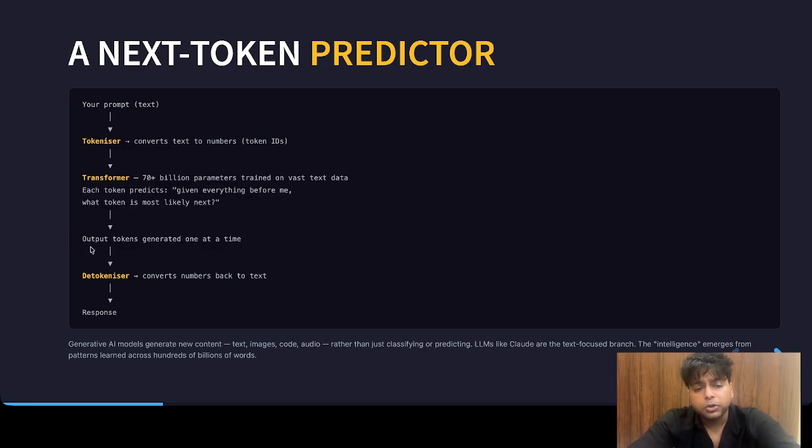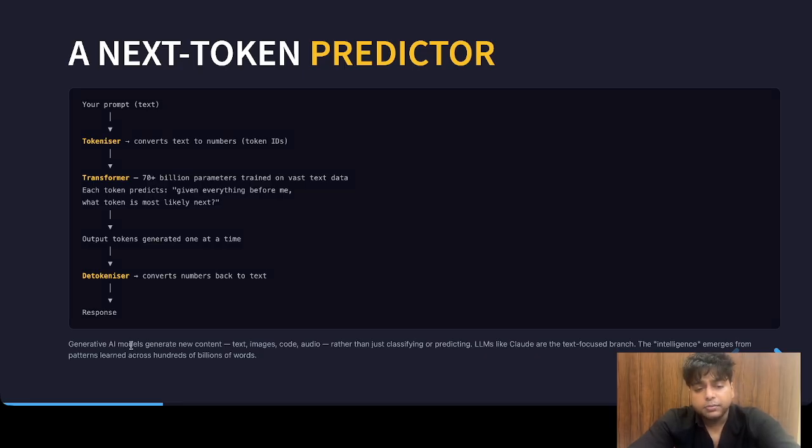From the output tokens, it goes to the detokenizer, which converts numbers back to text, and eventually we get the response as text. So initially we give a prompt as text, we get a response as text, and in the middle the tokenizer, transformer, and detokenizer are working.